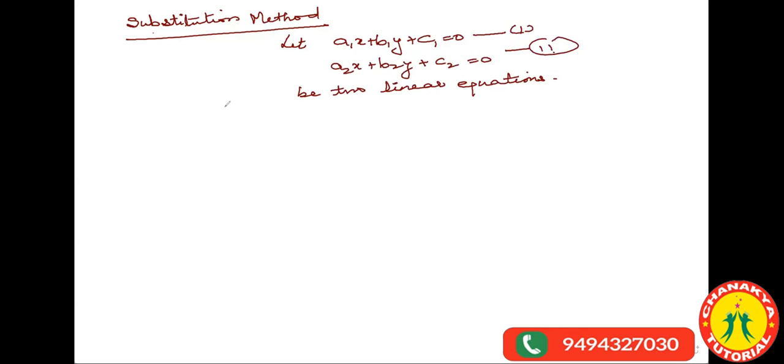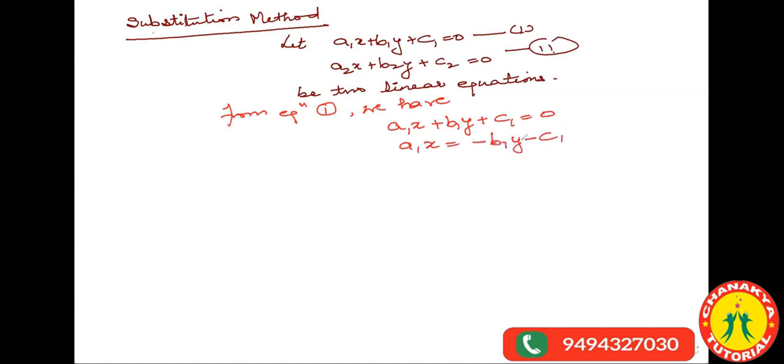Now, from equation 1, I am finding the value of x. So a1x plus b1y plus c1 is equal to 0 we are having. So a1x is equal to minus b1y minus c1.